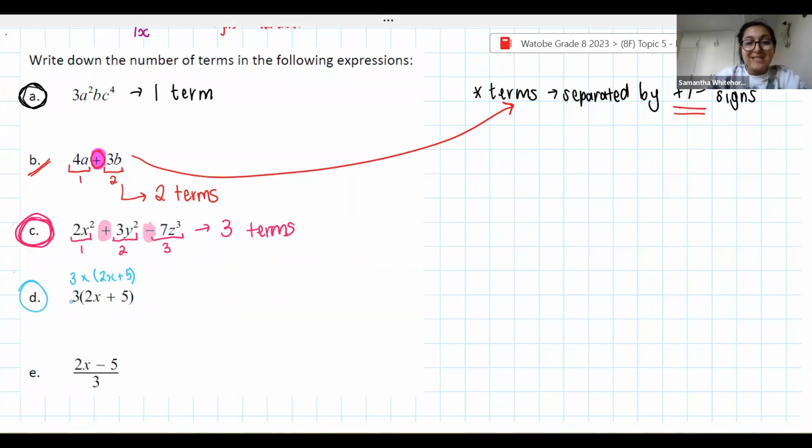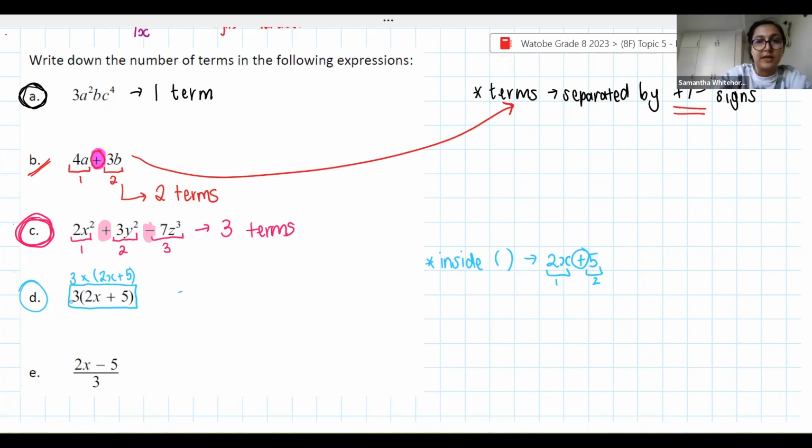Now, if I look inside the bracket, I have got two terms because inside my bracket, I have got the expression 2x plus 5. That plus sign is separating my two terms. But I'm not looking at what's only inside the bracket. When I have an expression where there's multiplication, I am looking at the entire thing and I want to know how many terms there are.